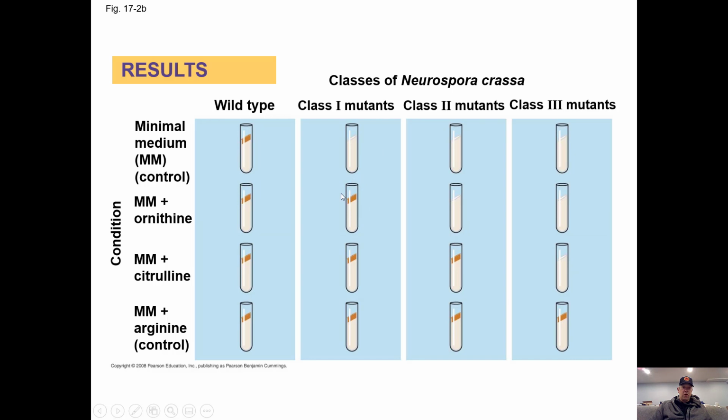Not only could they grow with ornithine, some could grow if you had citrulline or arginine. And by the way, this is a biochemical pathway. If you take ornithine, you can convert it into citrulline, and then you can convert that into arginine.